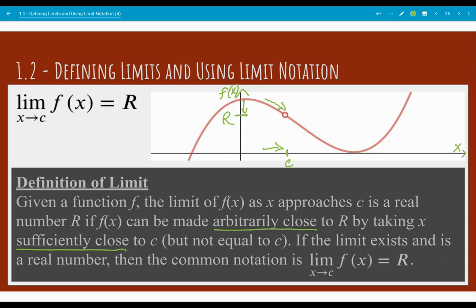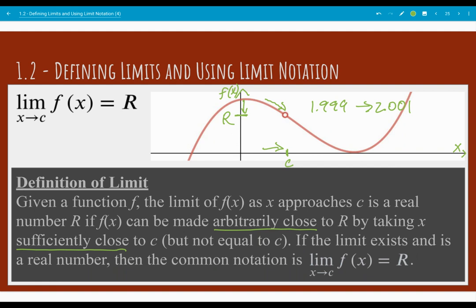Now, let's talk about what this arbitrarily close and sufficiently close mean. Let's say that r is 2. I know that the value of the function might never equal 2, but I want to get it really close to 2. So when I say arbitrarily close, what that means is if I set a threshold and say I want it within 1/1000th of 2, so somewhere between 1.999 and 2.001, that's a threshold that I want the values of the function to get within.